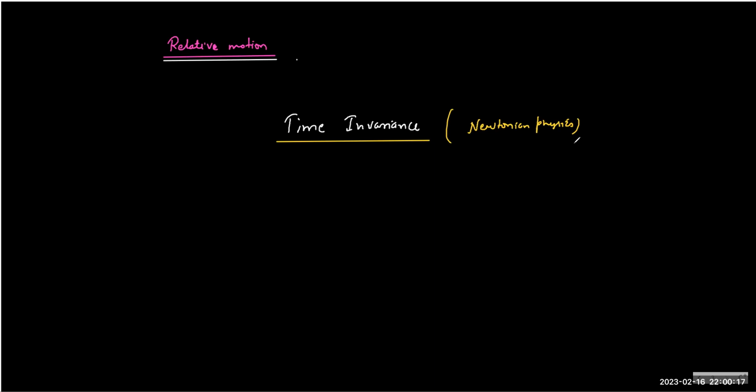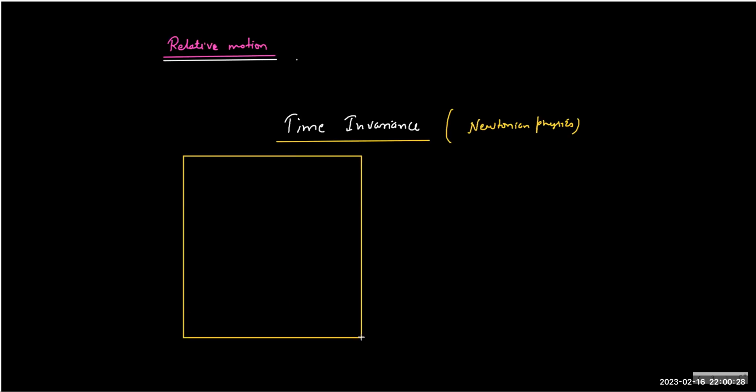So why go to the ground frame if I can get the answer in a better frame? For example, let's say we have an elevator descending with some acceleration a naught, and then you throw a projectile. So you throw something.